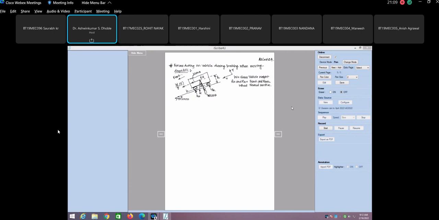Please understand that these normal reactions will be useful when we design the suspension system for the vehicle. So b is nothing but the wheelbase.